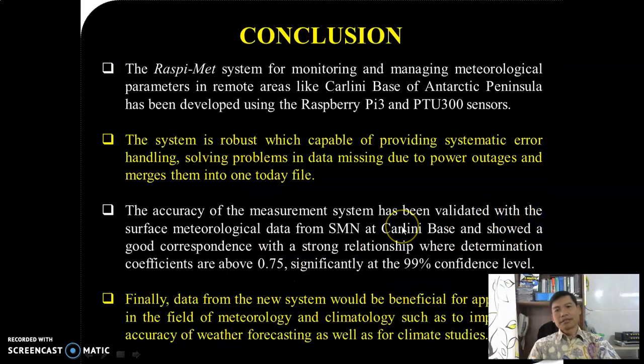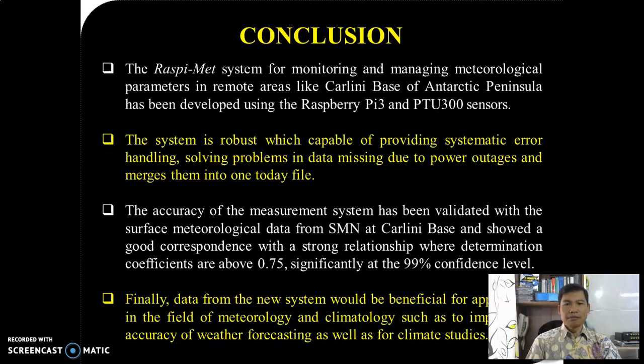As a conclusion, our Raspberry system worked well at Carlini base station, consisting of Raspberry Pi 3 and PTU 300 sensor. The system is robust, capable of preventing system errors, solving the problem of data missing due to power outage, and merging the data into one daily file.